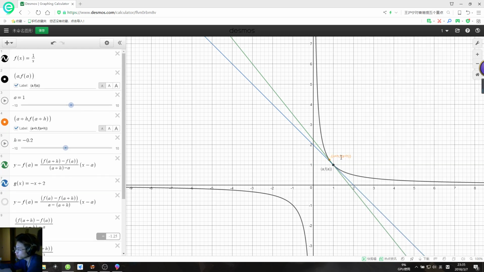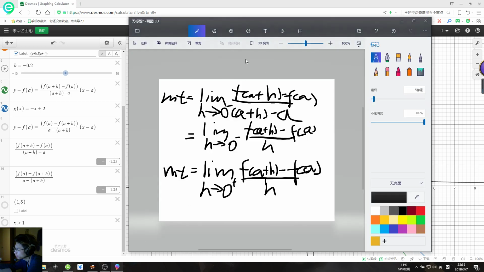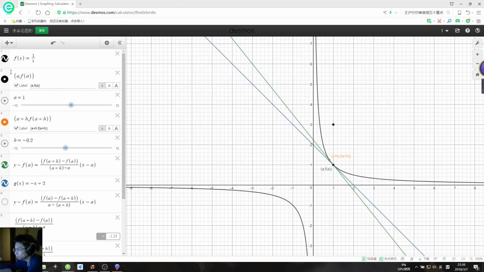And there are some limits of this formula. Suppose there's a hole at the point here, and f at a actually equals another value, not on this curve.